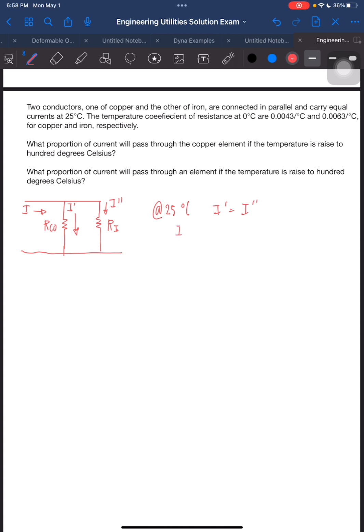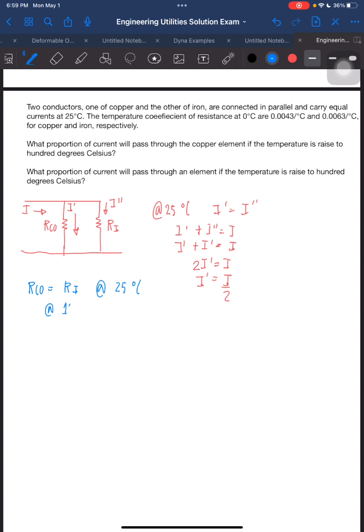So, I prime plus I double prime is equal to I, and also I prime plus I prime is equal to I. 2I prime is equal to I, so I prime is equal to I over 2. So R copper is equal to R iron at 25 degrees Celsius.